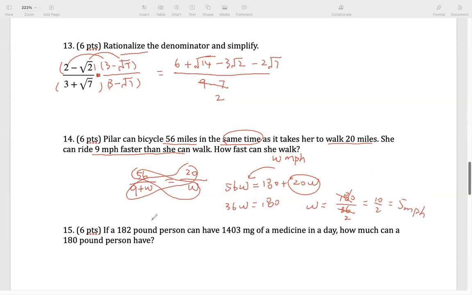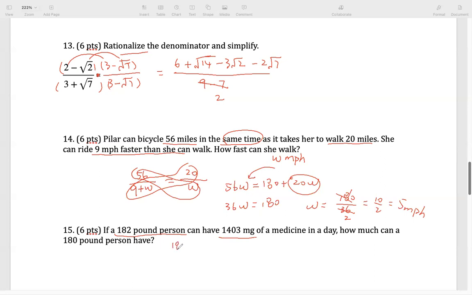Let's see, 15. 15 says if a 182-pound person can have 1,403 milligrams of a medicine in a day, how much can a 180-pound person have?